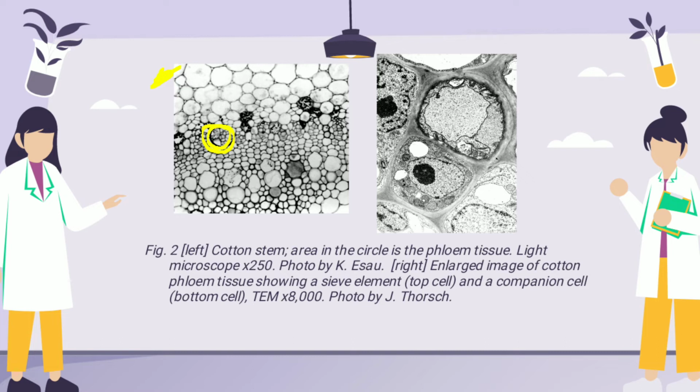On the right side, this is an enlarged image of cotton phloem tissue, and this was taken using a transmission electron microscope. So as you can see, the image from the transmission electron microscope is much clearer as compared with the light microscope.